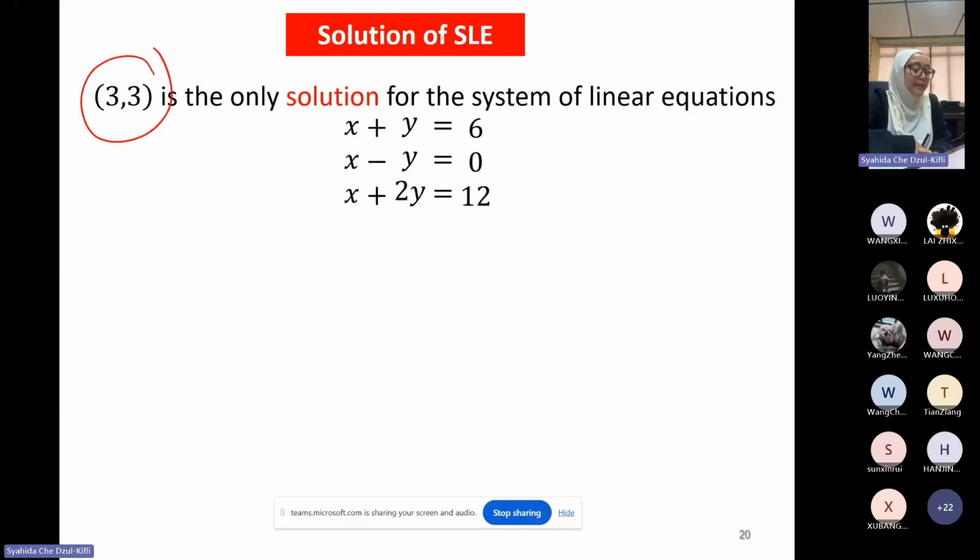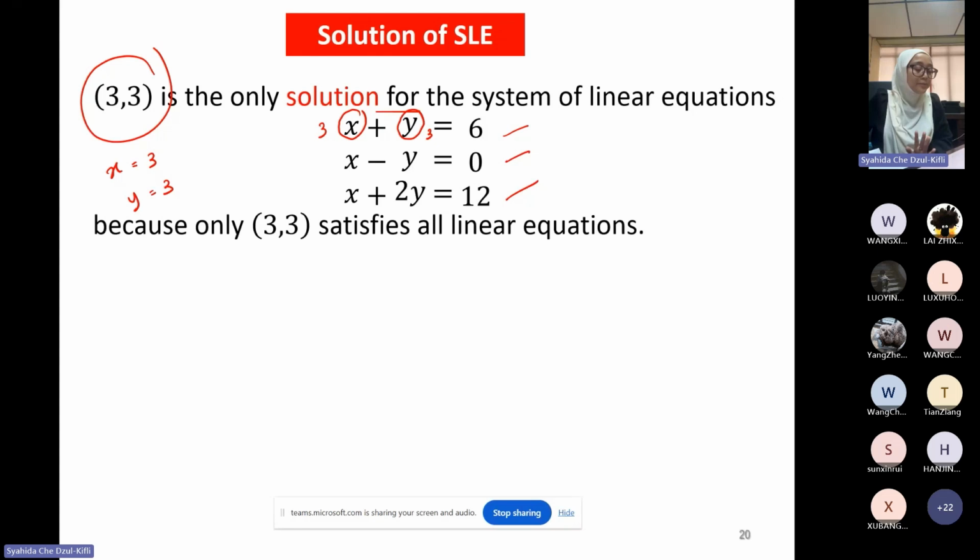(3, 3) is a solution for the system of linear equations. It means that x is 3 and y is 3. Whenever we substitute x with 3 and y with 3, the linear equation is satisfied, because 3 plus 3 is 6. Similarly for the other linear equations, we have to check every linear equation. The solution must satisfy all linear equations.